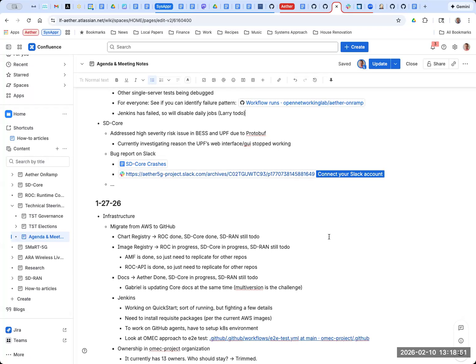Also, we have an effort to move the entire code base to Ubuntu 24. We have good progress, but yesterday I got some issues with memory allocation when deploying the UPF in my local environment. So that's the other thing we are addressing.